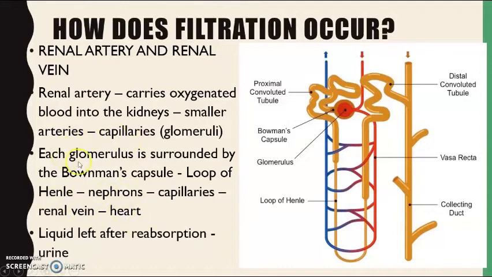So, from the glomerulus, which is surrounded by the Bowman's capsule, the blood is being transferred through the loop of Henle. And then the nephrons, capillaries, renal vein, and back to the heart.